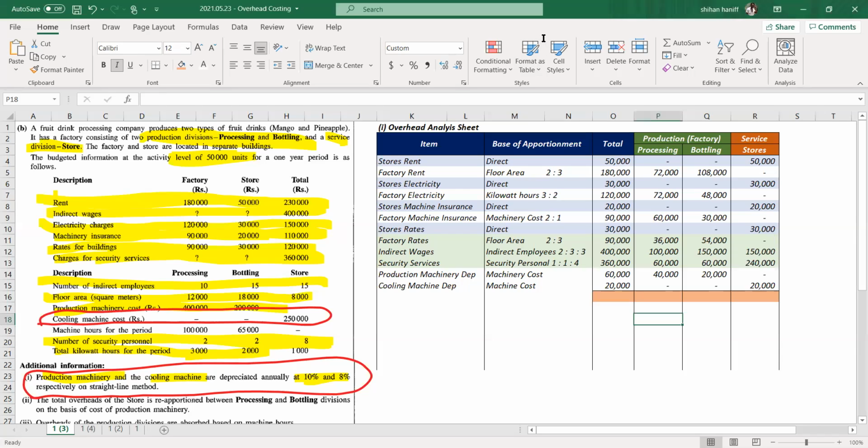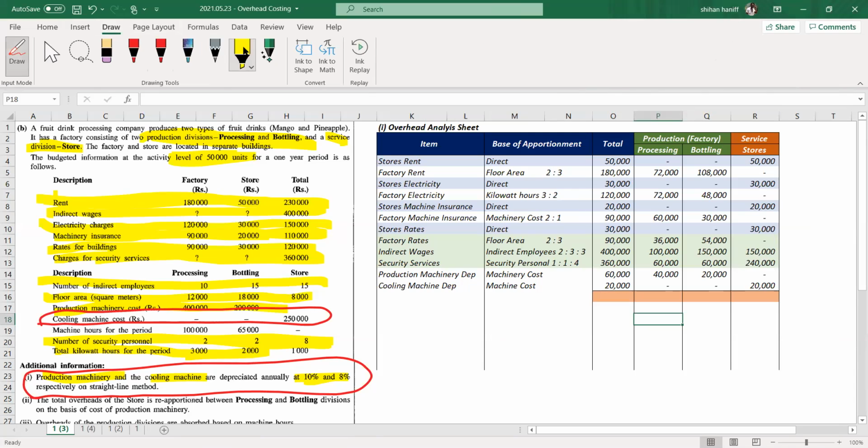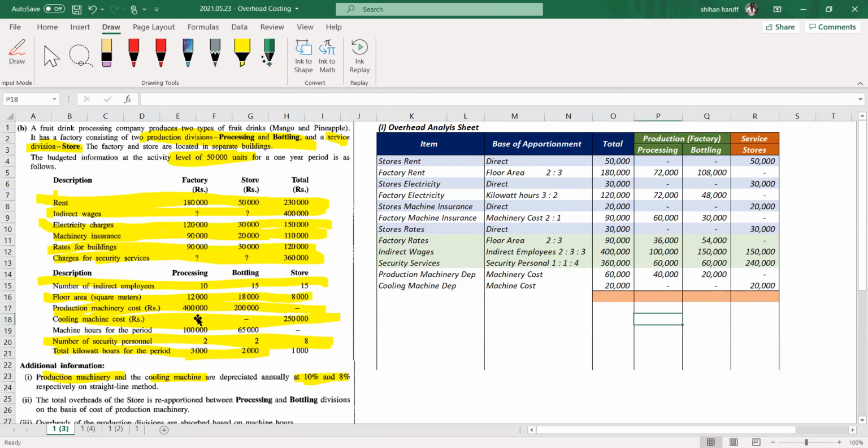Then there's a question, we don't use machine hours. Machine hours we normally use for absorption, right? So we will use that after this. We use everything other than the machine hours. So machine hours, we will use that part in the absorption rate when calculating the absorption. Right. So that comes next.